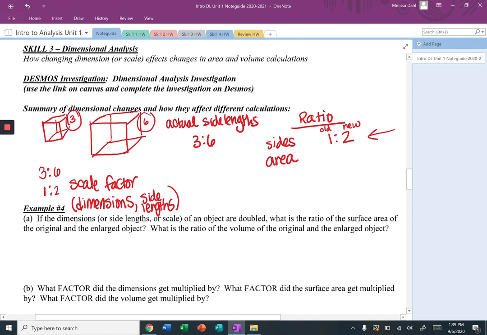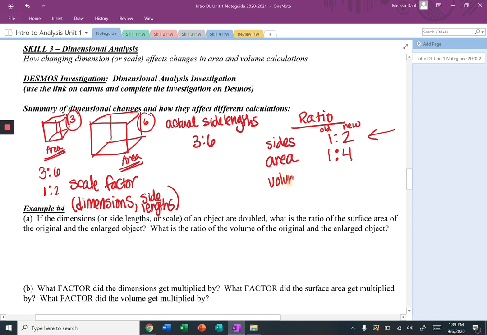You don't know the actual areas of these figures, but you do know how much the area grew. According to our investigation, the old area compared to the new area would be a ratio of 1:4, meaning the new area would be 4 times larger than this one. So any area calculation on this large shape, I would expect to be 4 times larger than the same area calculation on the small shape.